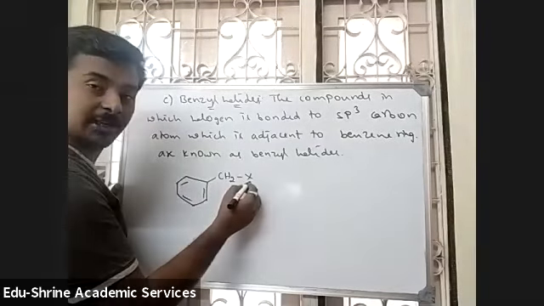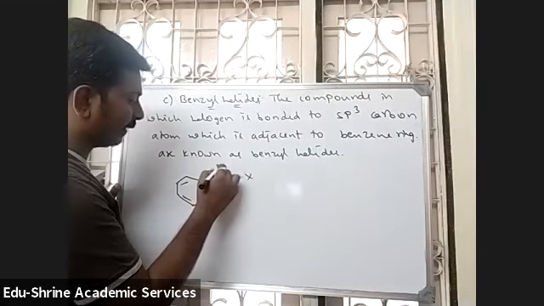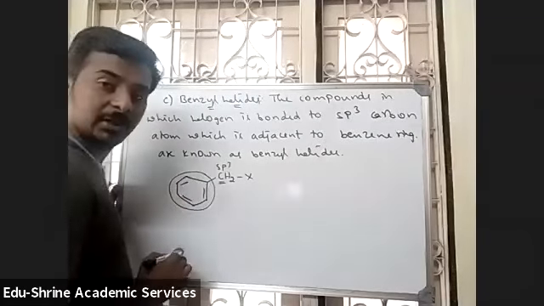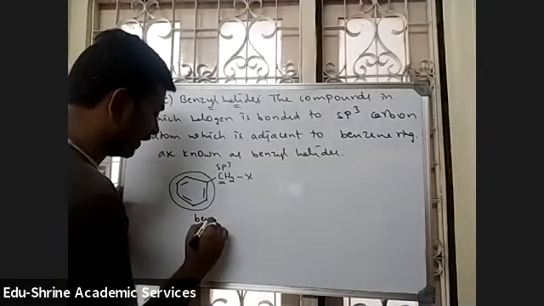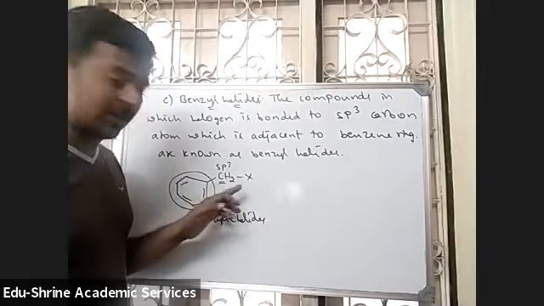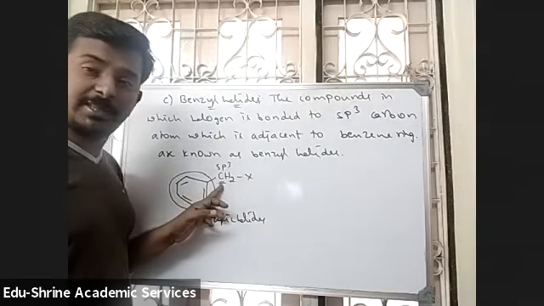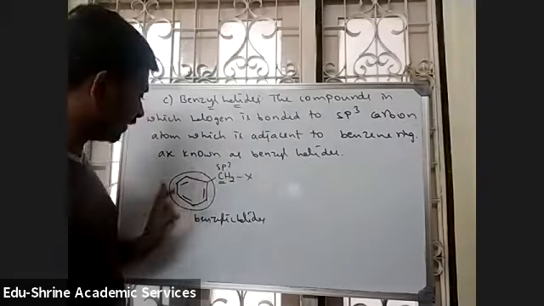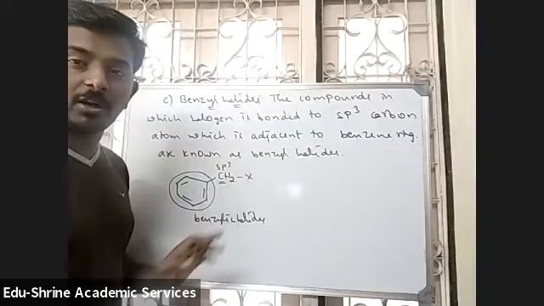You can see this halogen is attached to an sp3 carbon atom, and this sp3 carbon atom is attached to benzene. So this type of compound is called a benzylic halide. In allylic halides also it was the same. Halogen was attached to an sp3 carbon atom only, but it was attached to a double bonded system there. But here it is attached to a benzene ring. They are called benzylic halides.